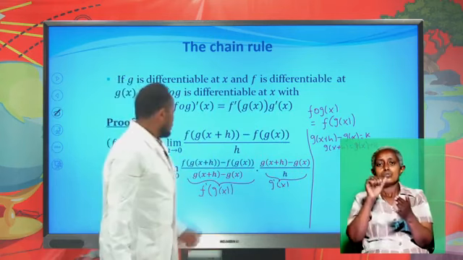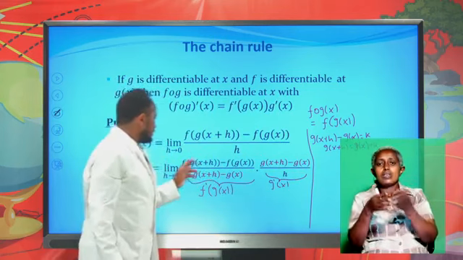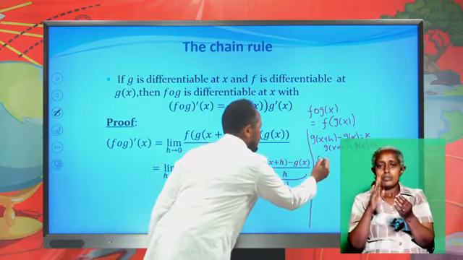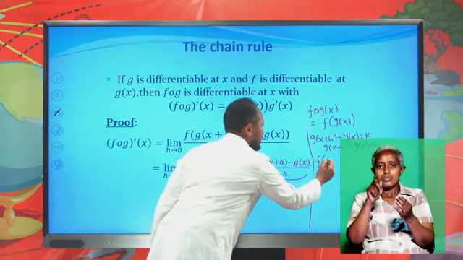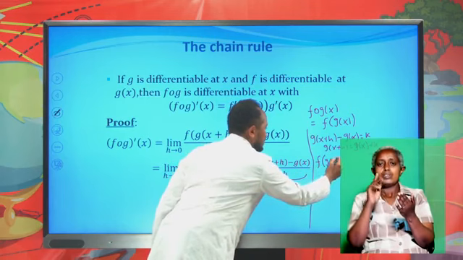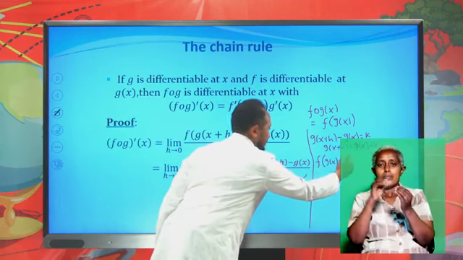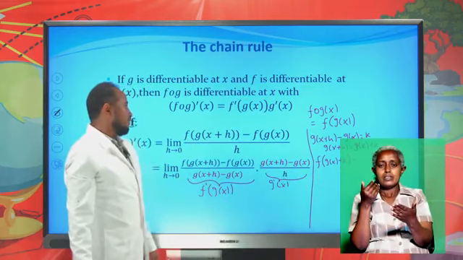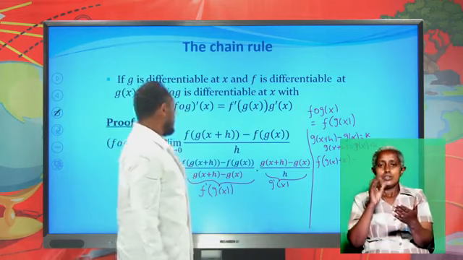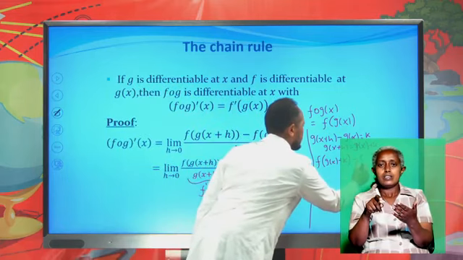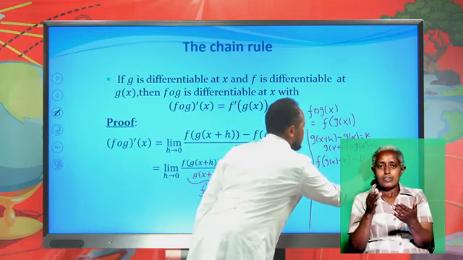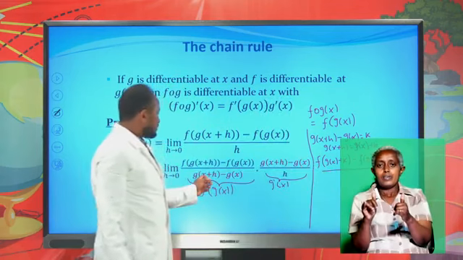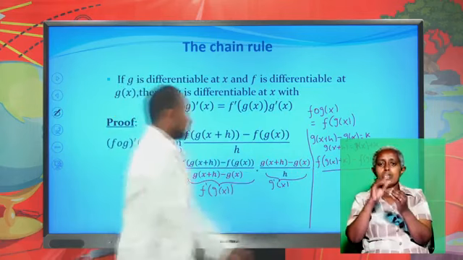So this expression f of g of x plus h minus f of g of x becomes f of g of x plus k minus f of g of x, divided by g of x plus h minus g of x, which we assumed to be k.